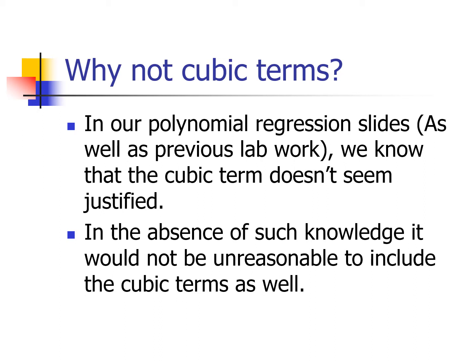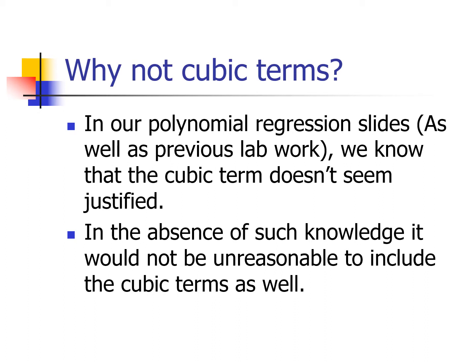And by lab work, do you remember the partial f-test lecture? It always seems to go back to the partial f-test lecture. In that lecture, we did an example of a chunk-wise f-test that tested whether or not we needed some polynomial terms. In that example, as well as our polynomial lecture slides, we saw the cubic term, at least for length, wasn't justified.